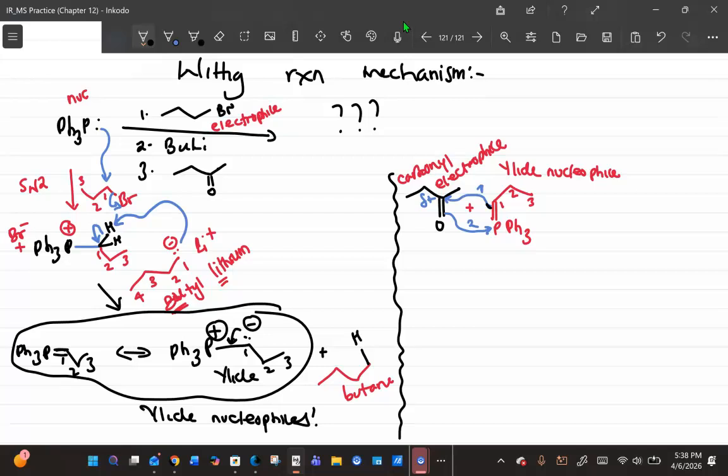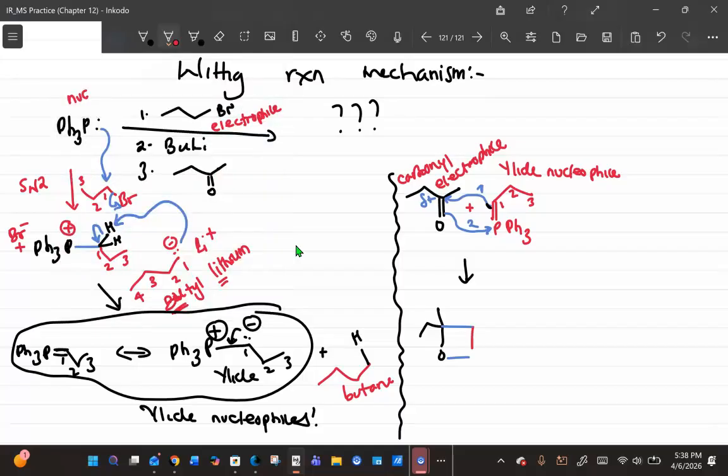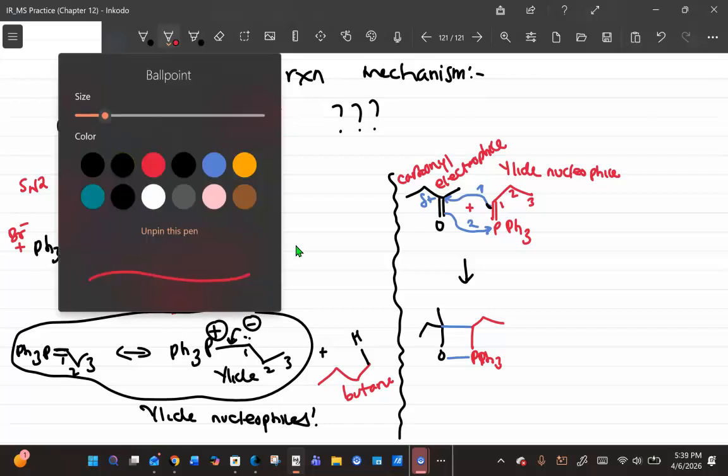Correct. So you're going to get a very strained 4-membered ring. You know from organic, 4-membered rings are not stable. And then here we collapse it.